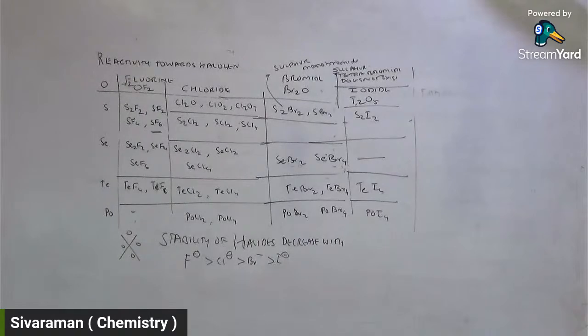As simple as that. When I'm telling you, see the question you just now put, allotropic forms of solid nitrogen. Then you get that answer.